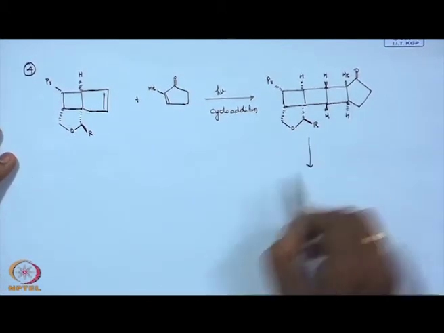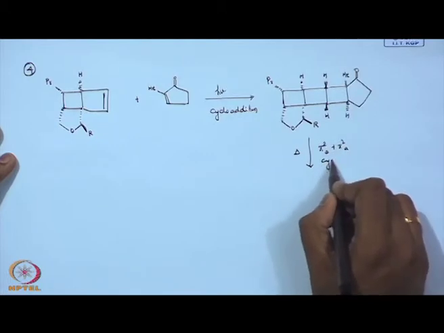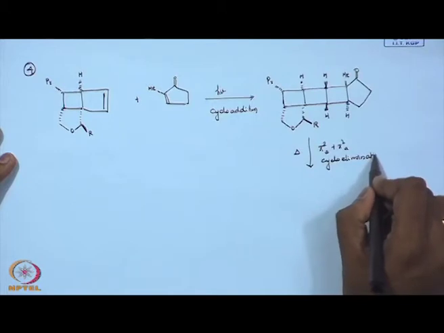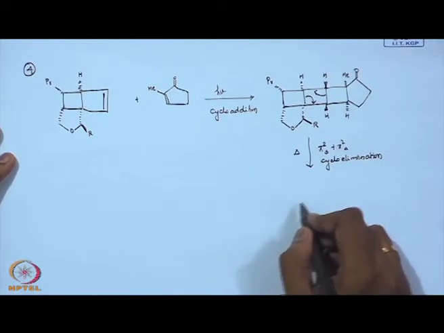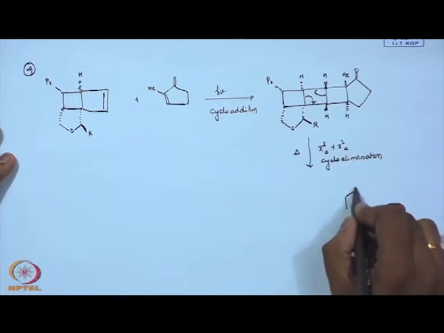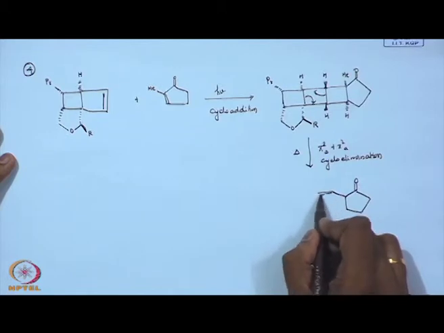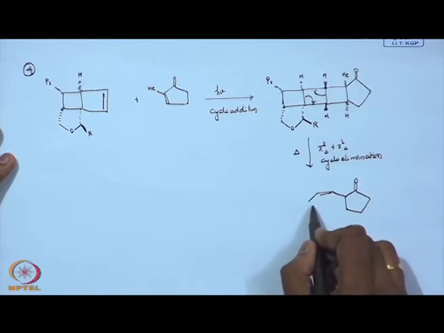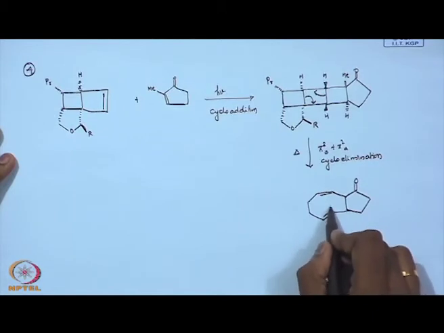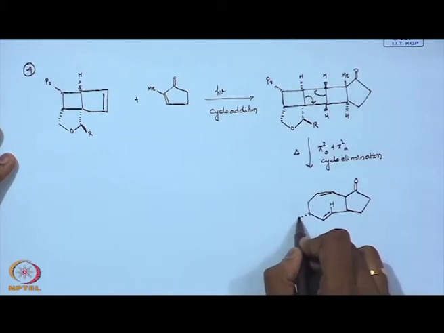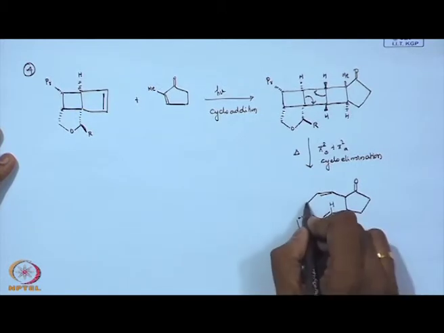Now, if I just slightly warm this, heat this, you can think about a pi 2s plus pi 2a cyclo-elimination, and get a nice cyclo-elimination to give me hydrogen, R here, propyl here.